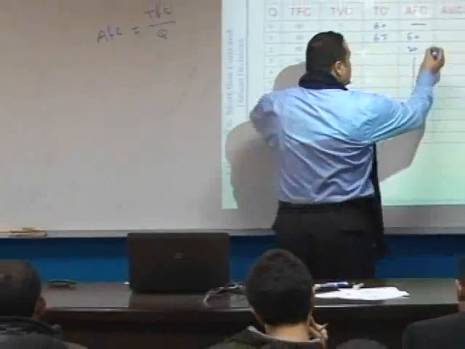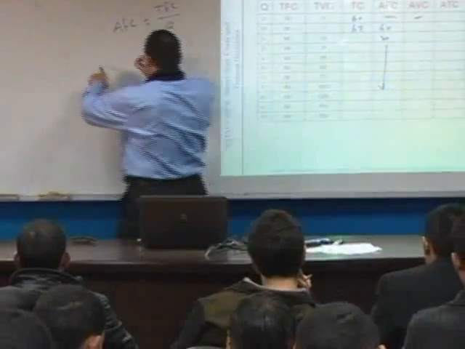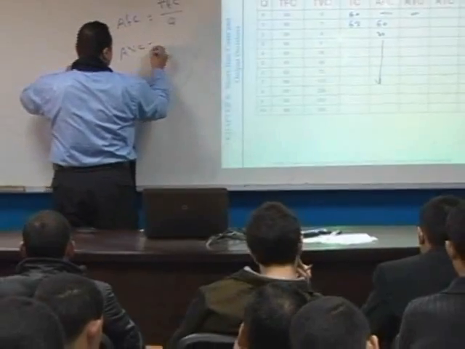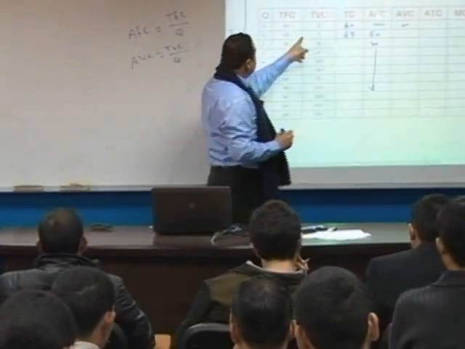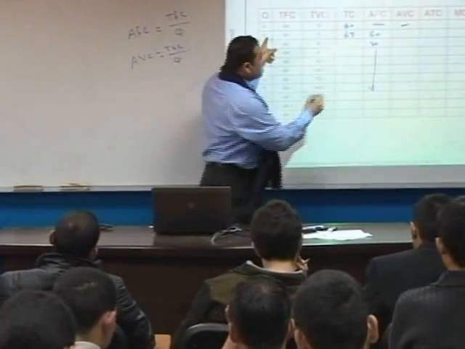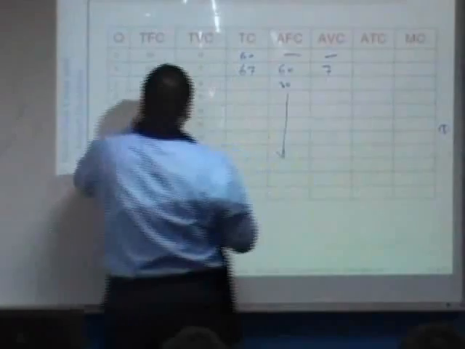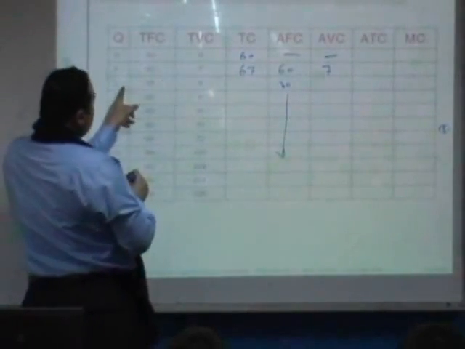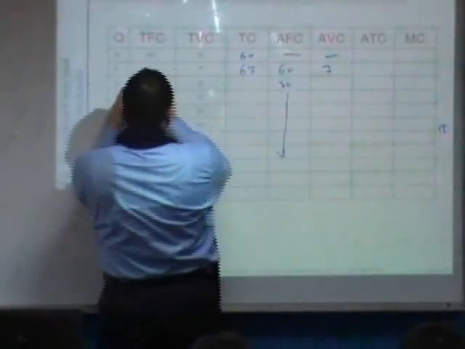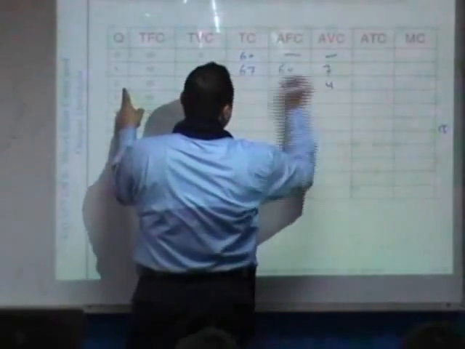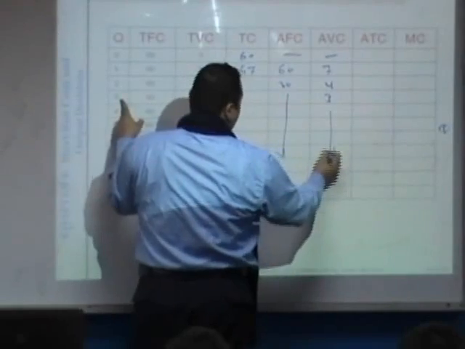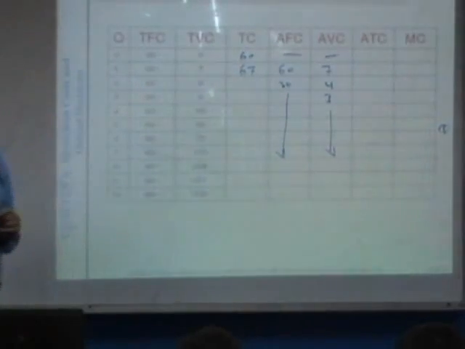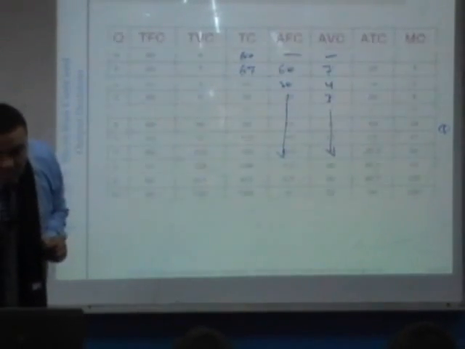AVC equals TVC over Q. So, 7 over 1, 7. 8 over 2, yes, 4, and 3, and so on. Right? The answer is here.